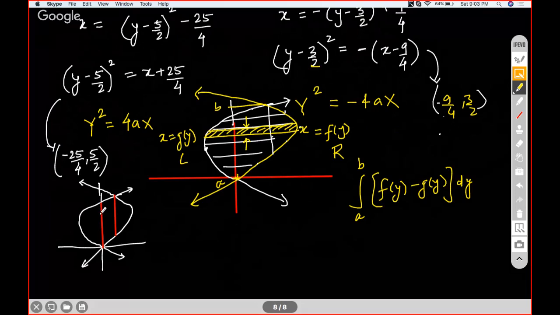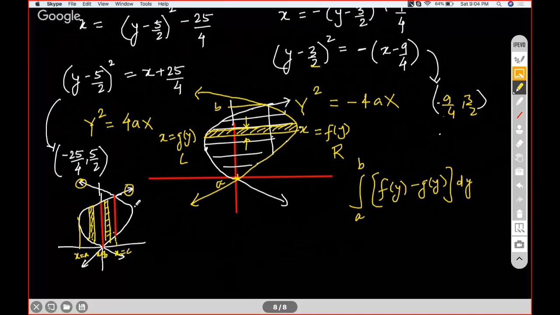See here, if I take vertical strips, then I have to manage a strip like this where you have the upper curve as this parabola, and the lower curve also the same parabola, correct? From this position of x, let's say x equal to a, to this position of x, let's say x equal to b, in this zone your strip will be from this parabola to this parabola, till C point.